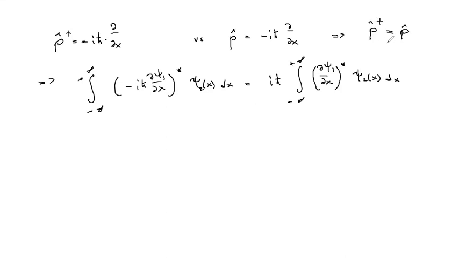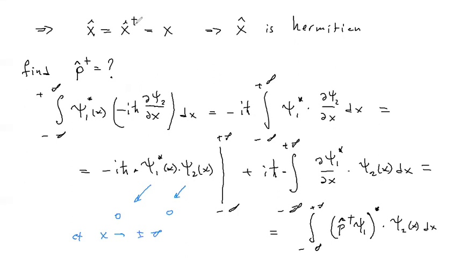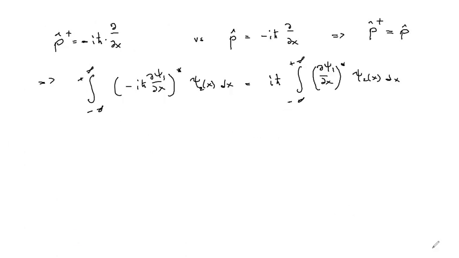So operator P is a Hermitian operator as much as operator X. They both are Hermitian operators. So when you have this matrix element, an integral ψ1 conjugated times operator P ψ2 dx, we can write it like this: the left side wave function, operator, and the right side wave function.